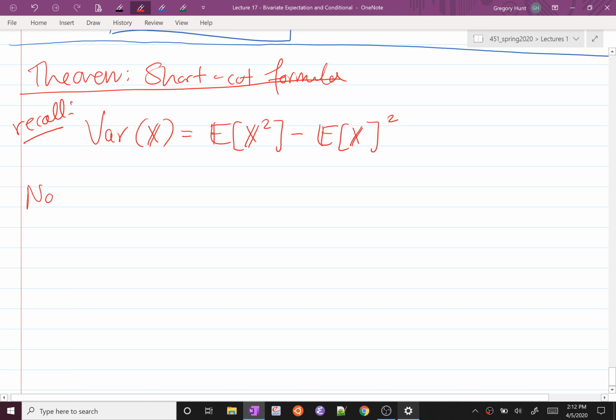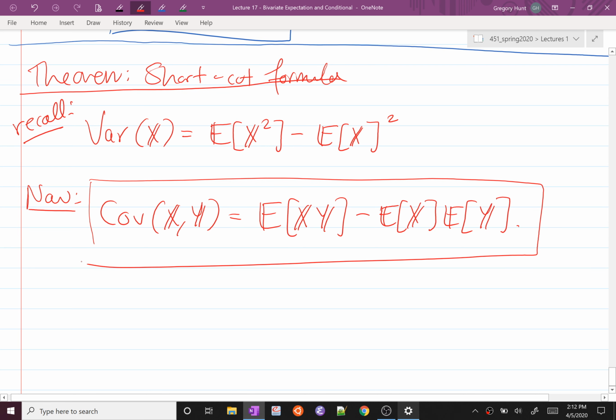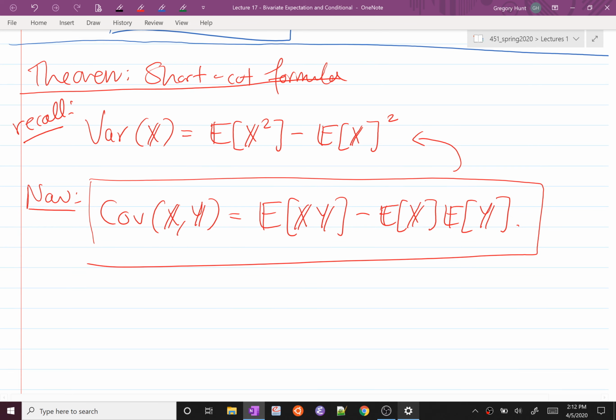And now we can say that the covariance between two random variables x and y is the expected value of x times y minus the expected value of x times the expected value of y. So this is directly a generalization of the previous theorem. Again, the covariance of x and x will give us this. If x and y are the same thing, then that reduces to the previous formula. And so it gives us a real nice shortcut way of calculating the covariance.